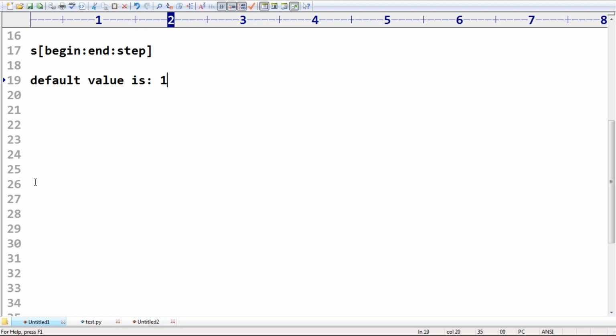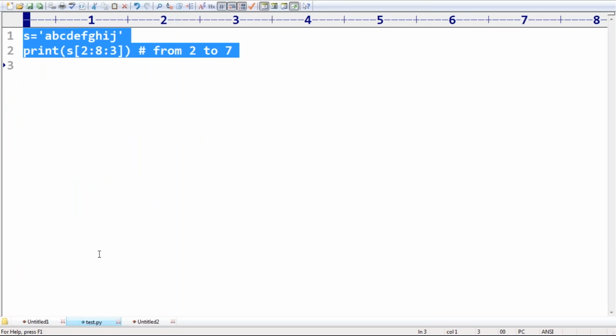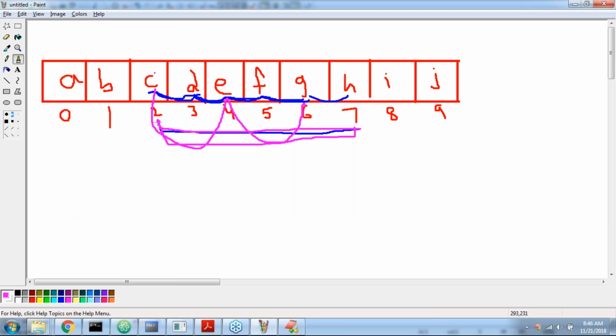Now, I still want to show the second side of the coin, the second half of this slice operator. Up to this, have you observed what I did? From 2 to 7, you are always moving in the forward direction.